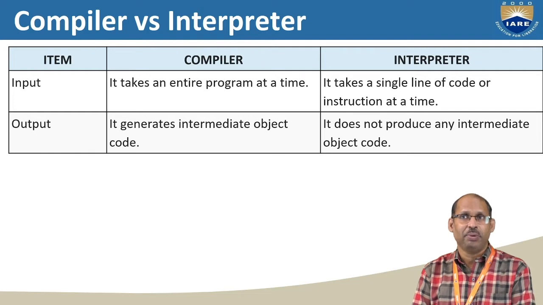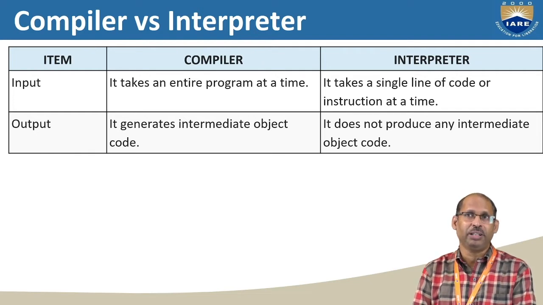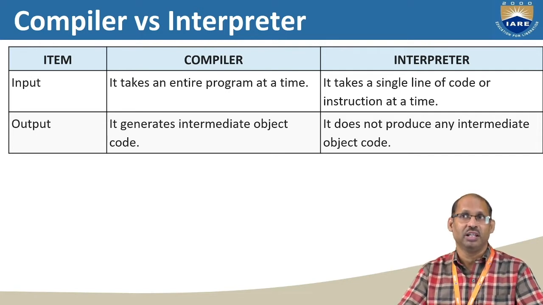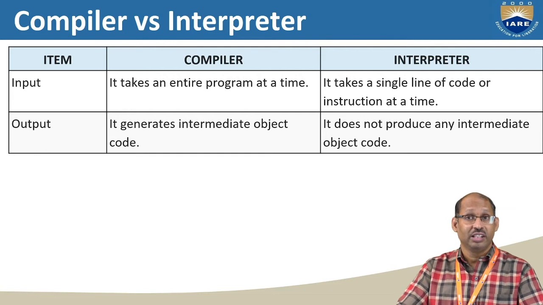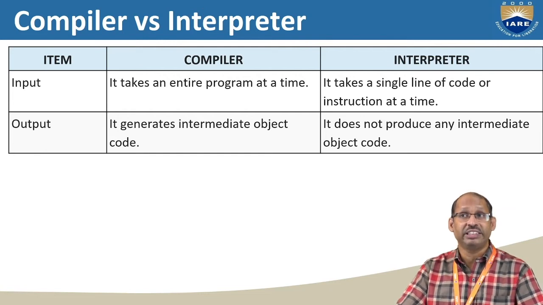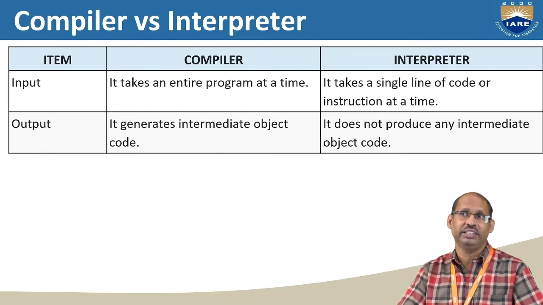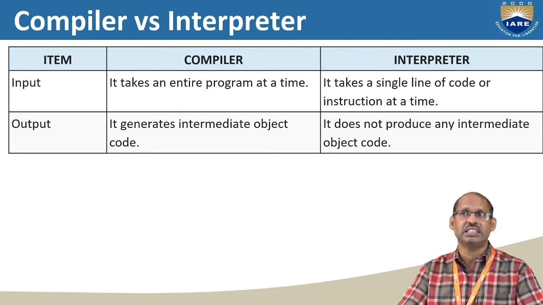Right? The compiler takes the complete program at a time and it performs the conversion. But the interpreter takes a single line of code or instruction at a time for analysis and execution of the line.